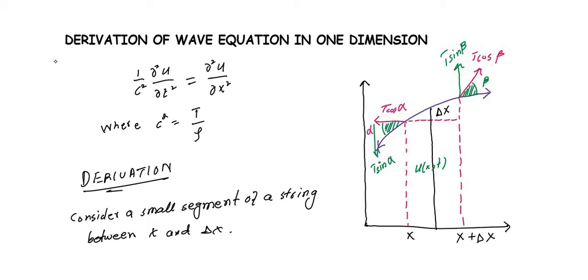We are taking the segment that starts from this point and goes until this point. This point is x and this point is x plus delta x. For more clarification I should use red color, but it's okay.